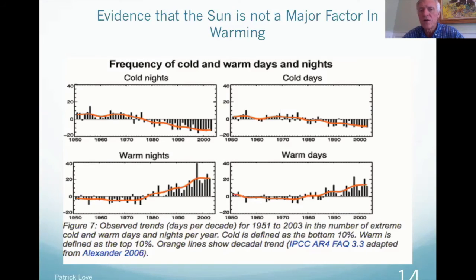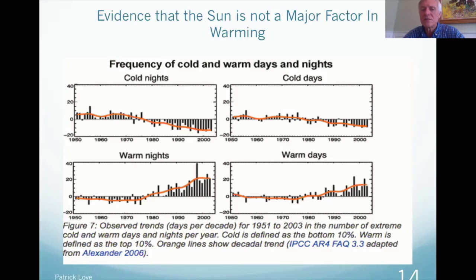If you look at the warming, it's happened more at night than during the day. And it's not that we don't have more warm days, we do, and we have fewer cold days. But it's also true that we have a lot fewer cold nights and a lot more warm nights.